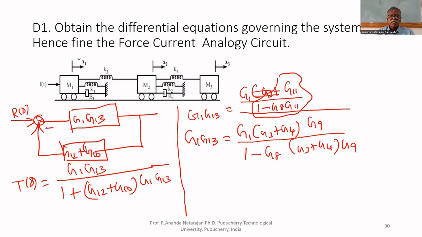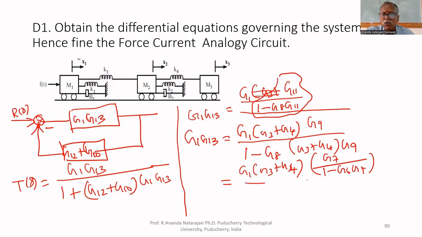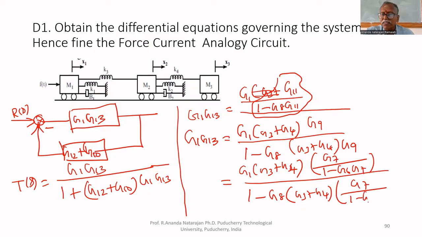Now we have to substitute G9. G9 is G7 upon 1 minus G6 G7.